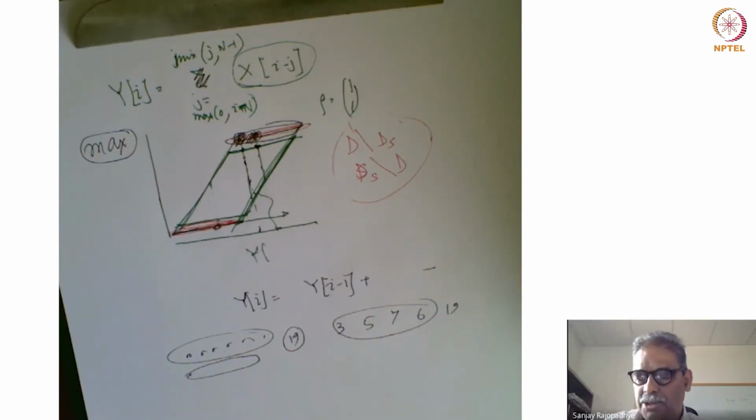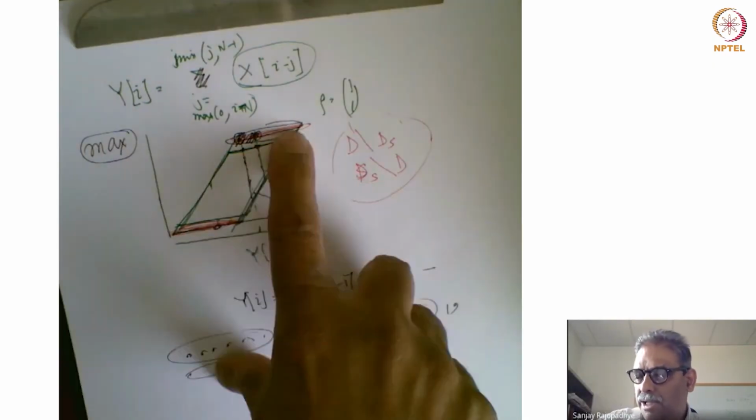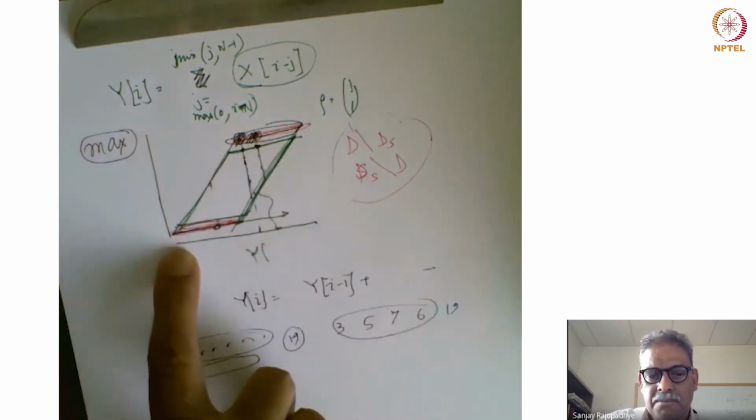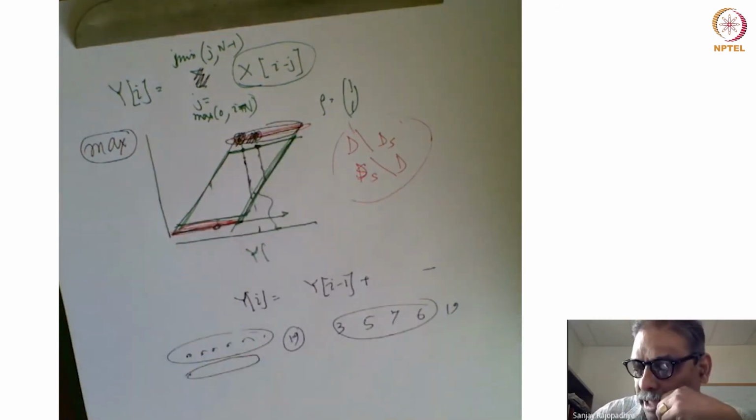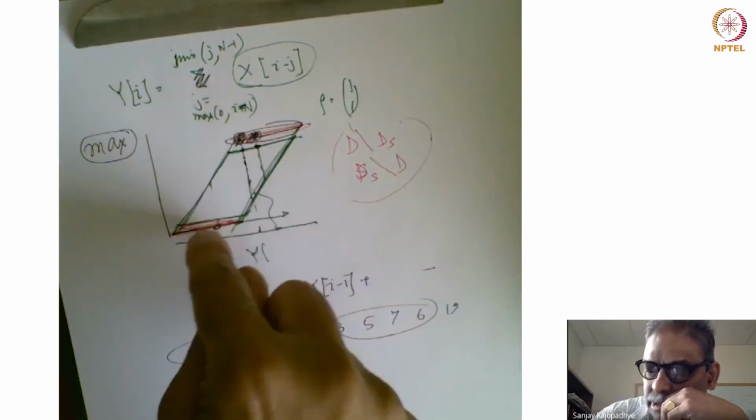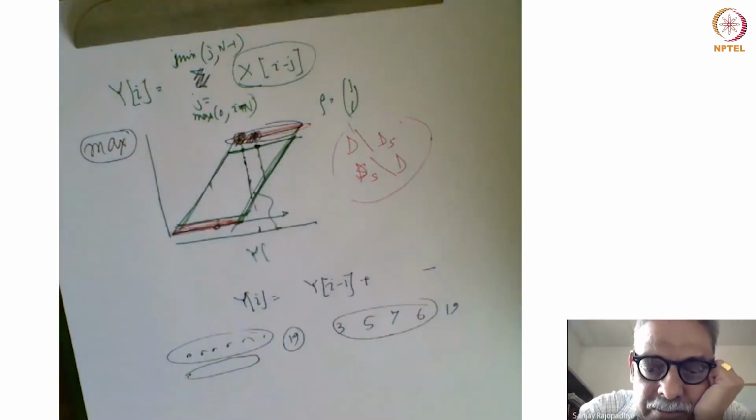If I go in the opposite direction, then this becomes addition and this becomes subtraction, right? Because that came from the original one and this came from the shifted one. So we are in trouble either way.